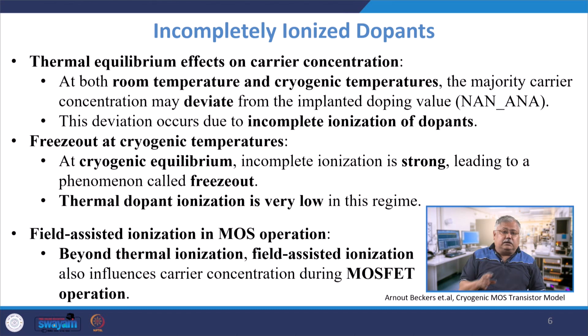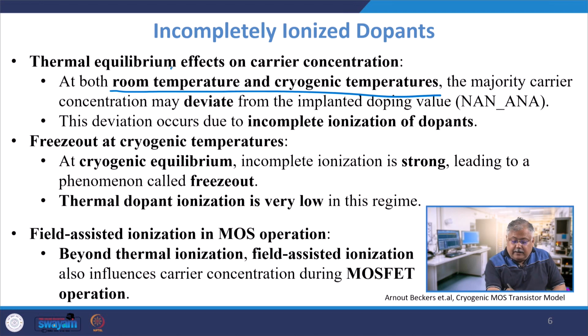If I assume that thermal equilibrium is applicable to all the carrier concentrations, then at both room temperature and cryogenic temperature, say around 300 K and 10 K, the majority carrier concentration can deviate from the implanted doping profile.